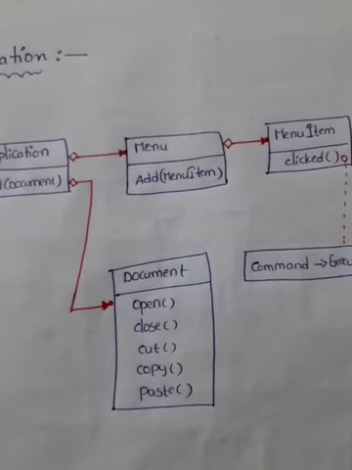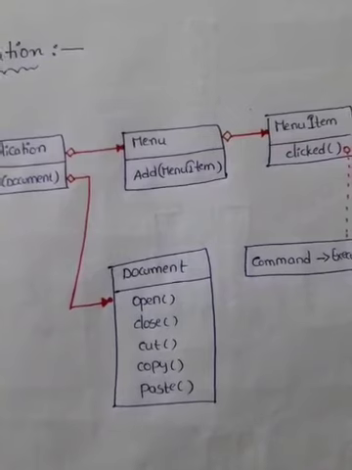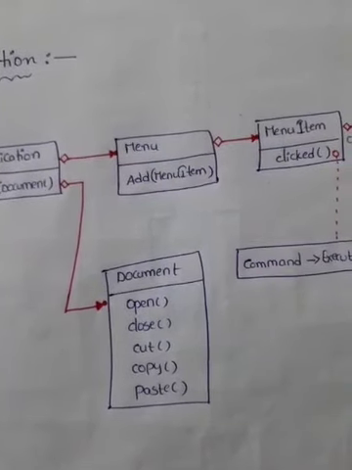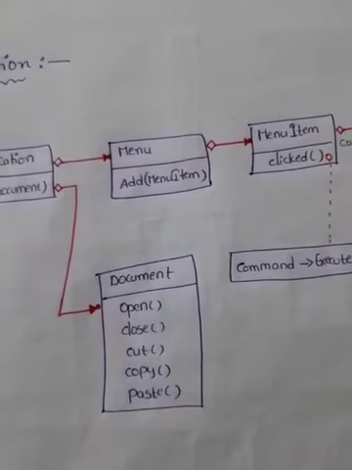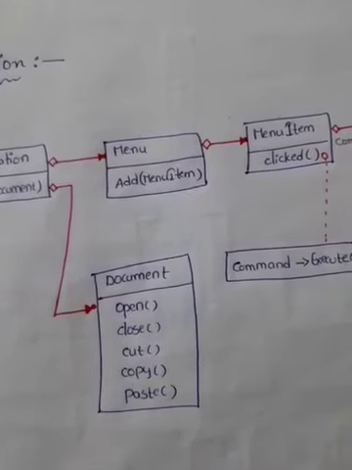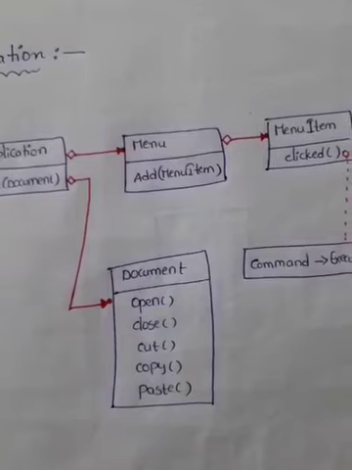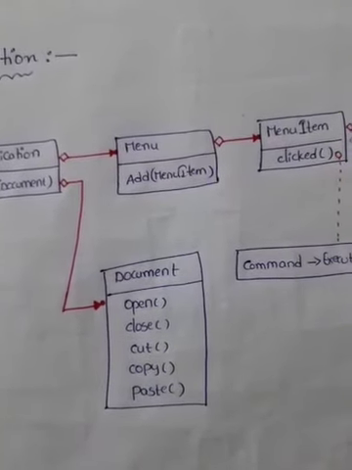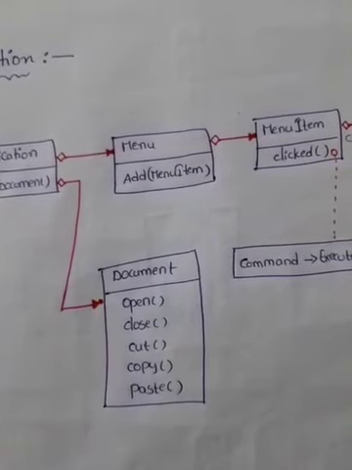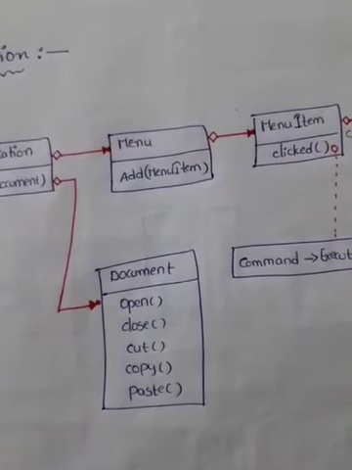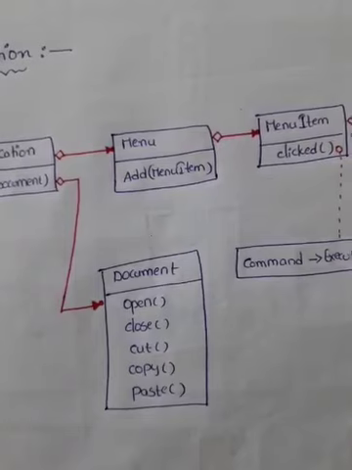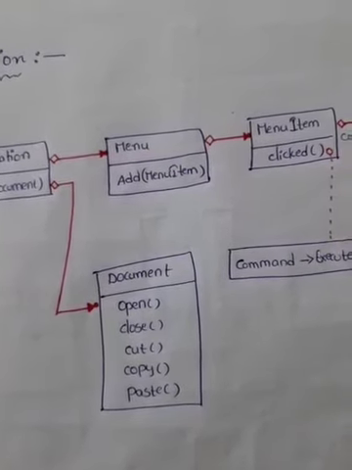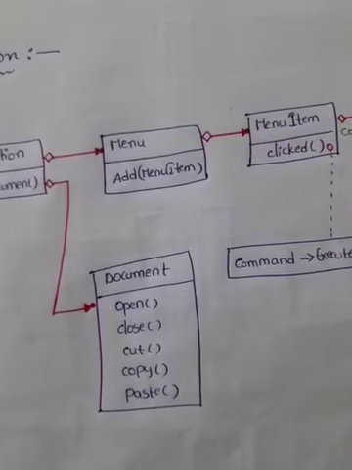To solve this problem, the command pattern lets toolkit objects make requests of unspecified application objects by turning the request itself into an object. This object can be stored and passed around like any other object. The key to this pattern is an abstract command class, which declares an interface for executing operations.